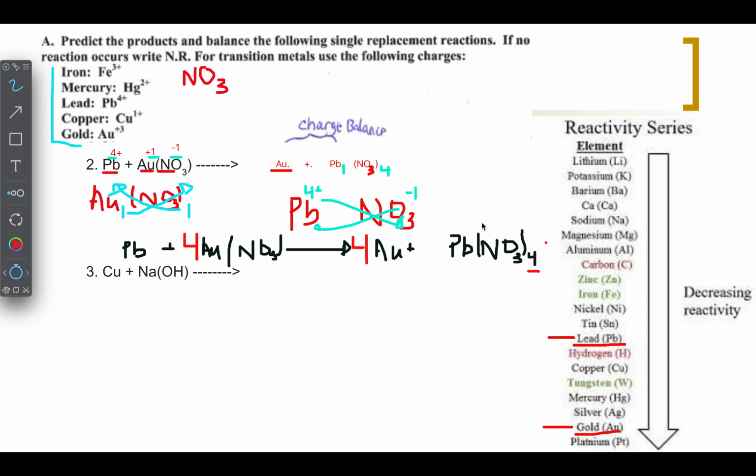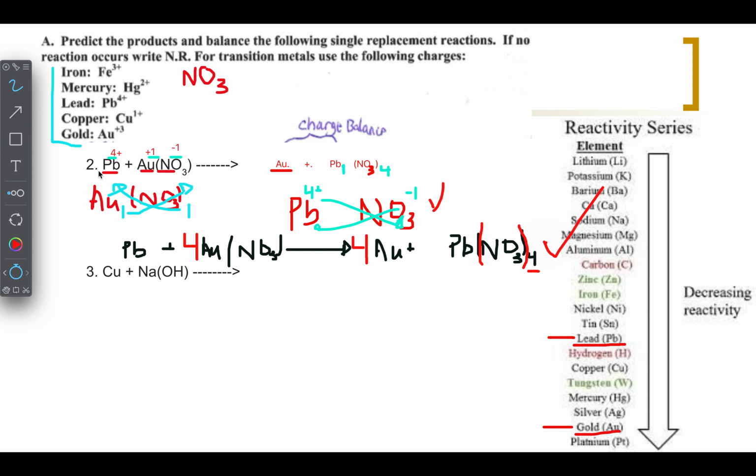Remember that that NO3 is a unit because it is in those parentheses when you're balancing your equations. Okay, so that one is completely done. It's all balanced, right? We have the correct products. It went through because lead is above gold. We have our charges balanced, and then we balanced our whole equation, so that's our final answer.